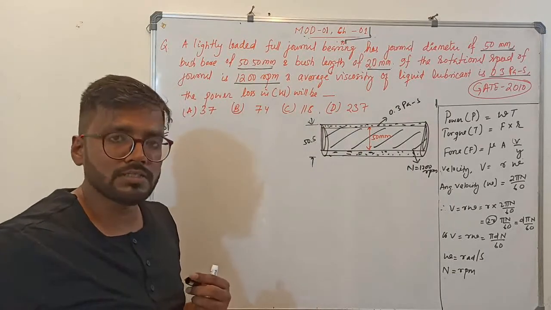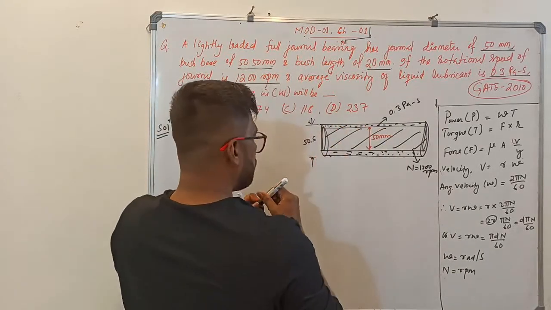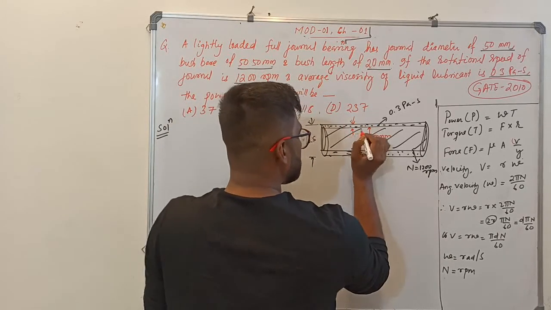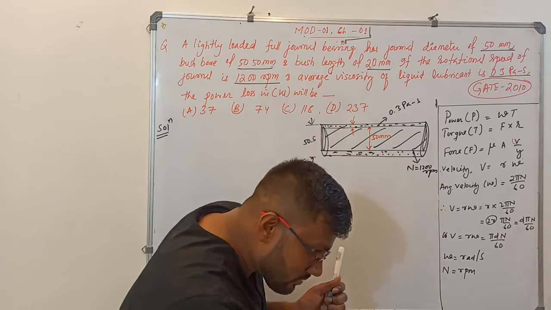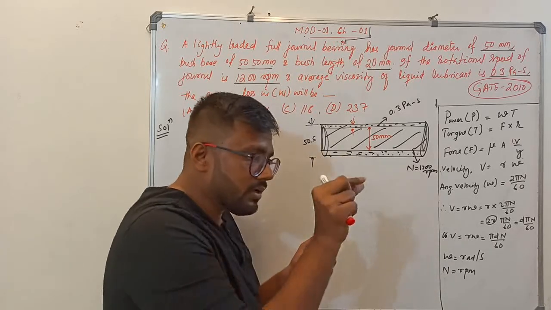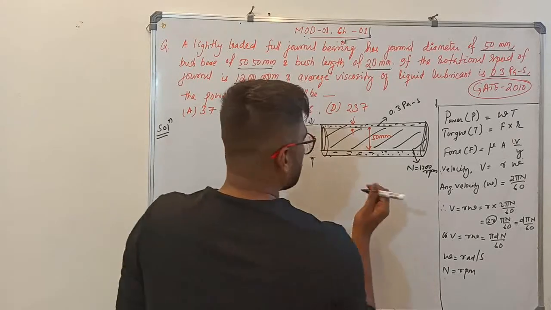What is the thickness of this? See, this thickness is this one. That is your annular space.